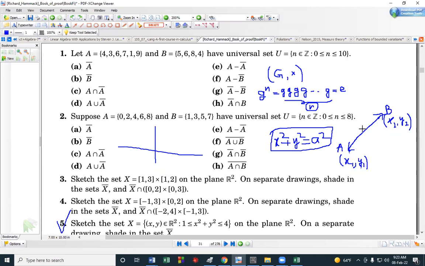So what is the distance formula? What is the distance from point A to point B?